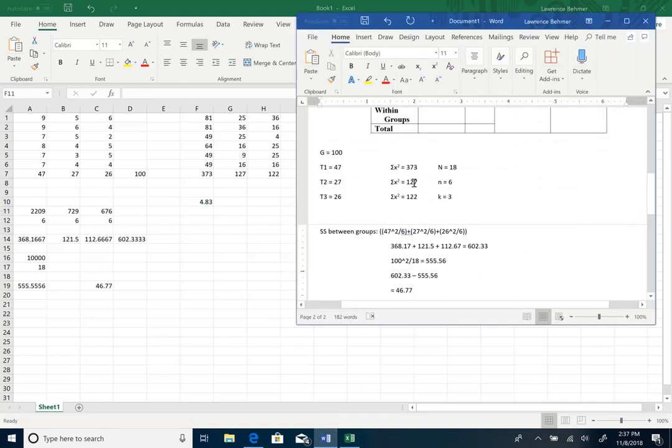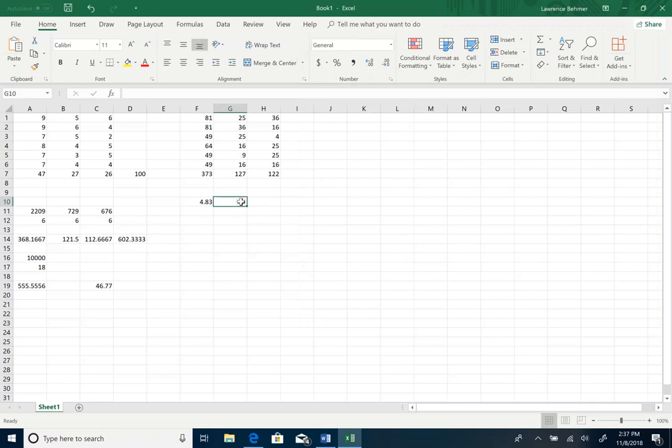What's our next one? Here we have a value of sigma x for our second group of 127, right? And so we're going to go sigma x squared minus our T squared divided by little n that we figured out at the previous step, so 121.5. And then we're going to do the same thing for the last condition.